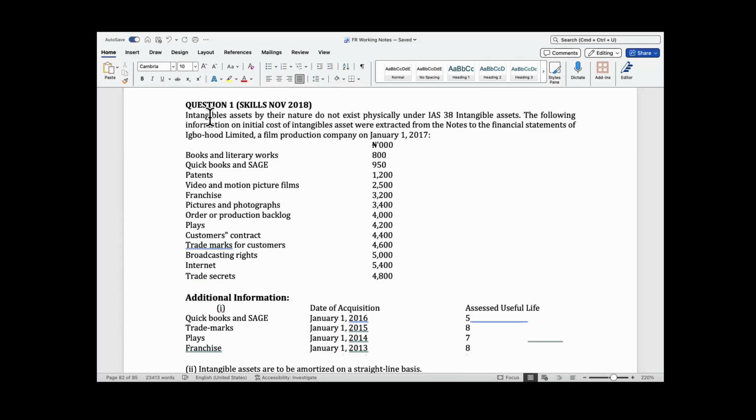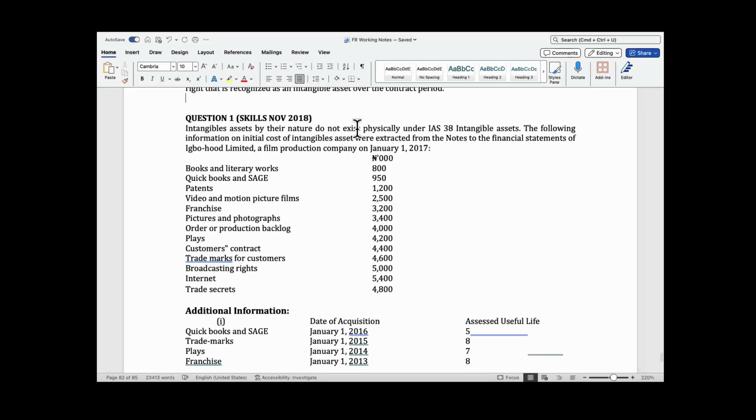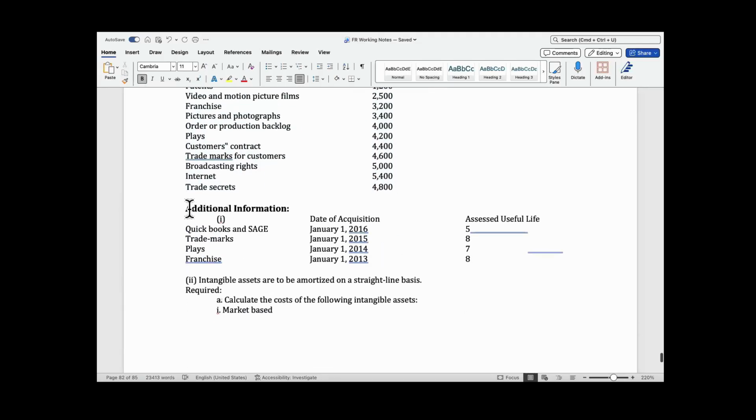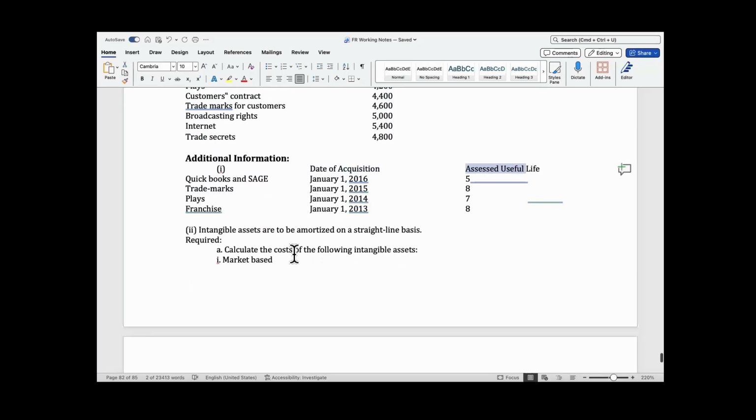It says intangible assets by their nature do not exist physically under IAS 38. The following information on initial cost of intangible assets were extracted from the notes to the financial statement of Igbowood, a film production company, on January 1st, 2017. We have this information, and they give us some additional information on some of them, their date of acquisition, their assessed useful life.